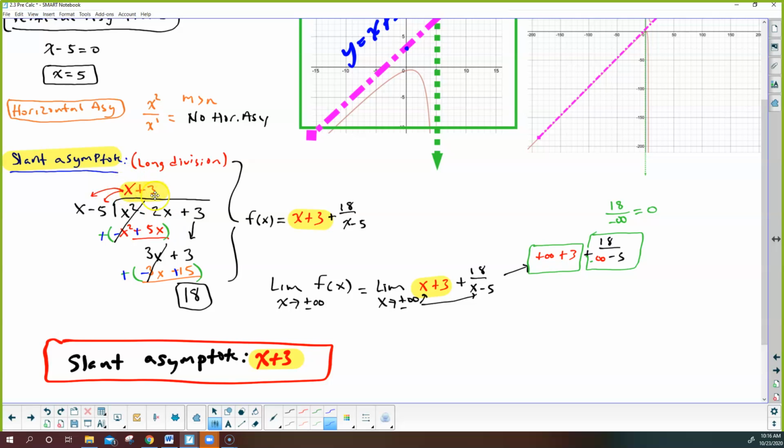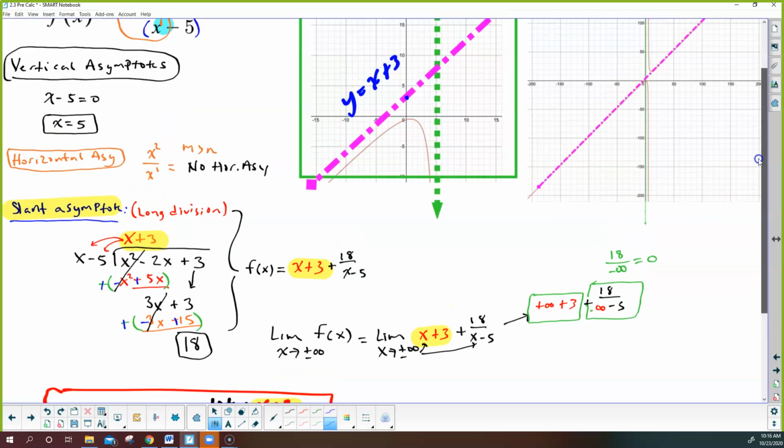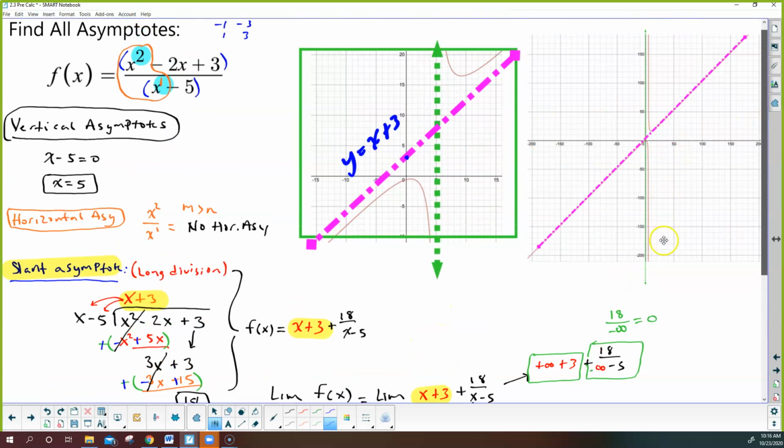Then we know that the remainder does nothing to the graph because it basically turns into 0, so it's just what's left over, the x plus 3. I think you'll get more comfortable as we do a couple examples and you see how the slant asymptote appears.